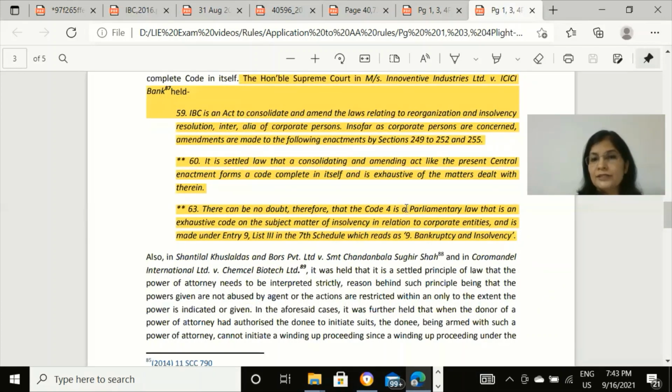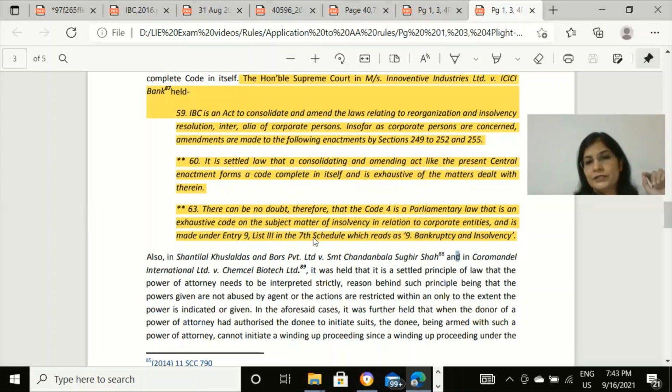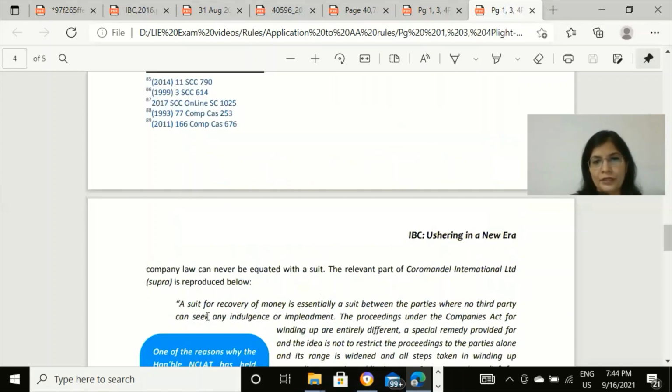There is no doubt that this is a parliamentary law and an exhaustive code on the subject matter in relation to the entities. And another MCQ that is coming from the Constitution is that it is mentioned under Entry 9, List 3 in the 7th Schedule, read as bankruptcy and insolvency. Please mark these for the purpose of your exam.